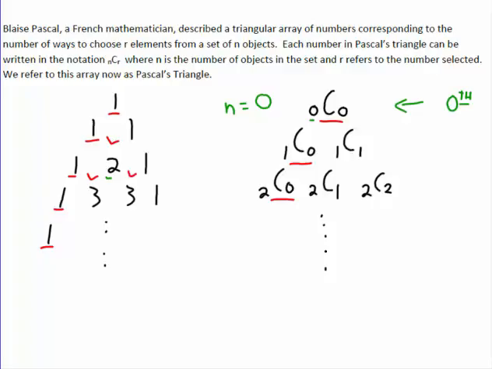So that first value is in the 0 row, n is 0, in the 0 position where r is 0. Now from that notation, every number that corresponds to the first number is the 0 position. The next one down would be the 1 position and the 2 position, etc. So Pascal's triangle, we're going to use that, but the important thing to note here is the position and where the numbers come from in nCr.